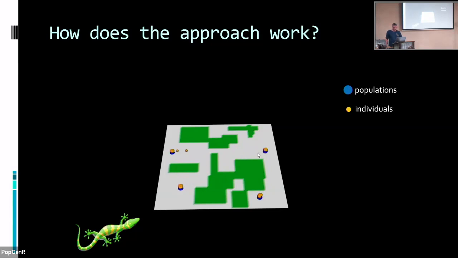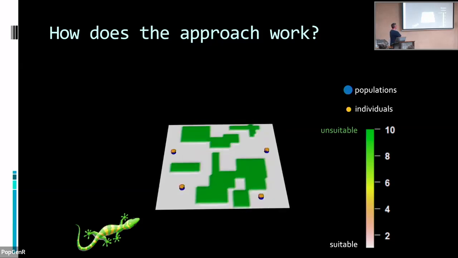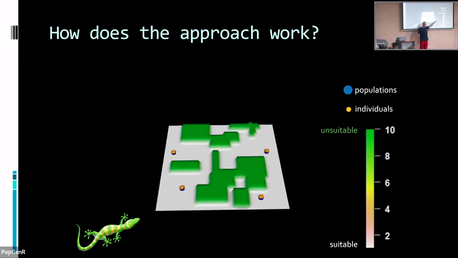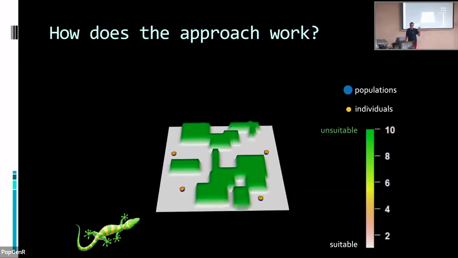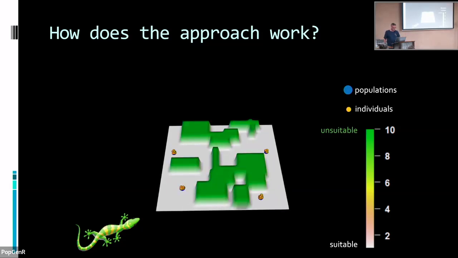Okay, what if the landscape looks like this? Think about the landscape as a barrier. It could be a different landscape type. And I know the choice of green is the worst possible; it should be more red or purple, something the individuals of the species don't like to walk over and migrate through.